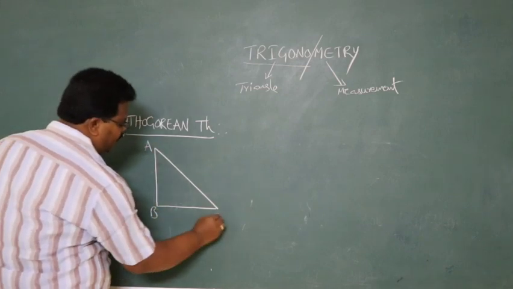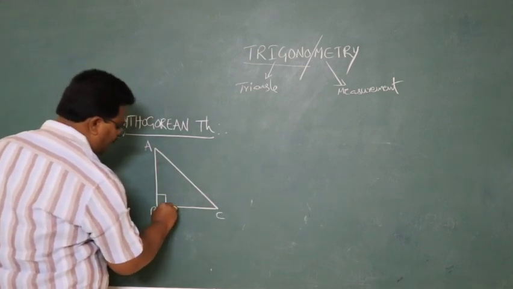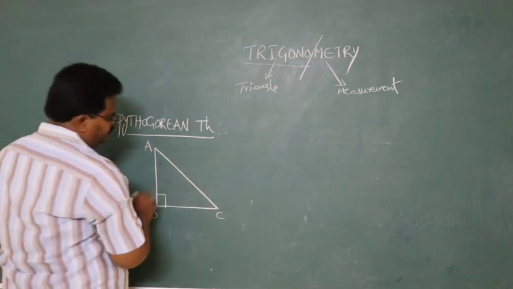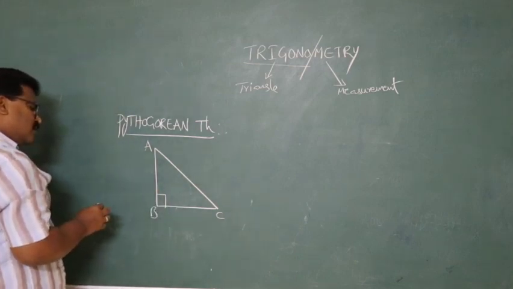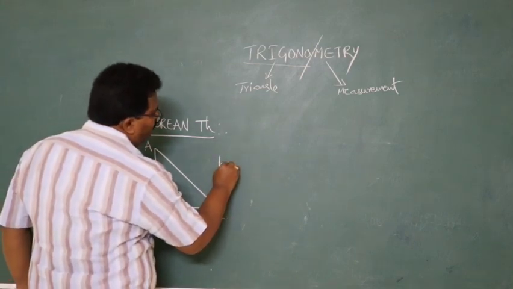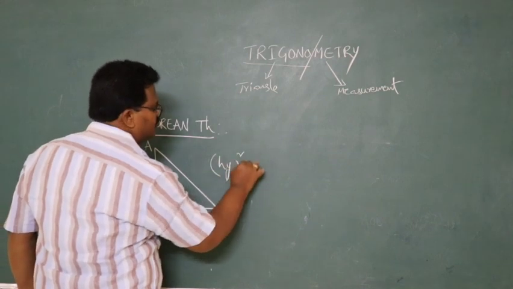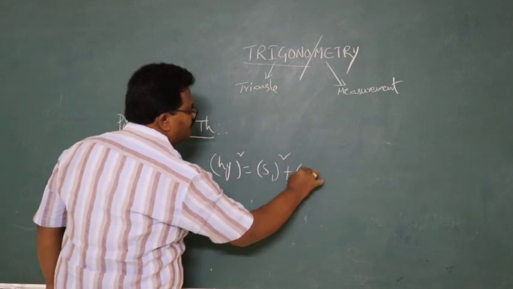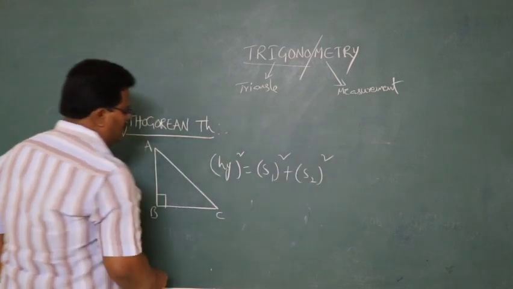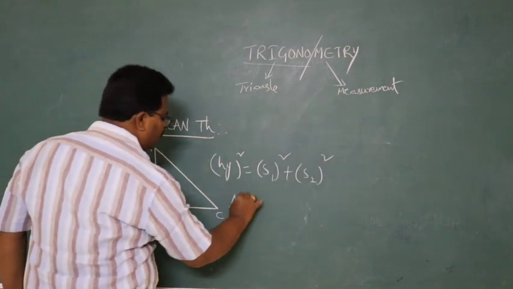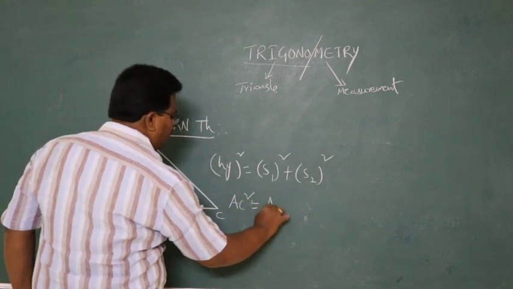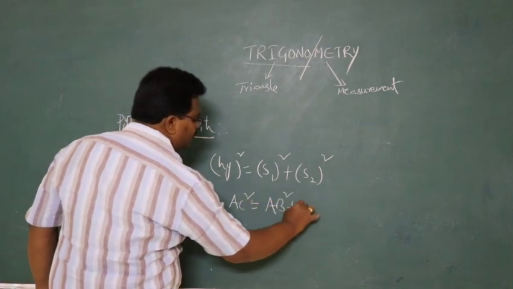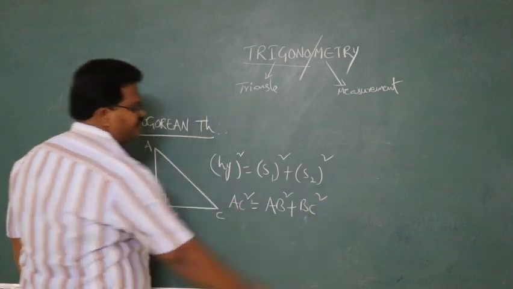Take this right angle triangle, right angle is at B. The Pythagorean theorem says that hypotenuse square is equal to side square plus side square. So that is AC square is equal to AB square plus BC square.